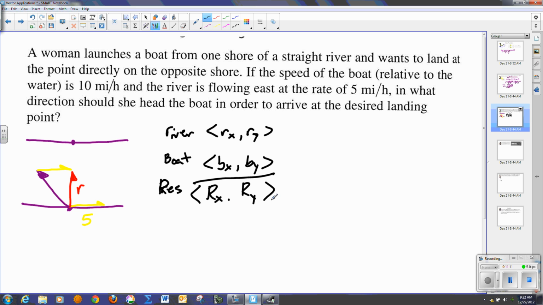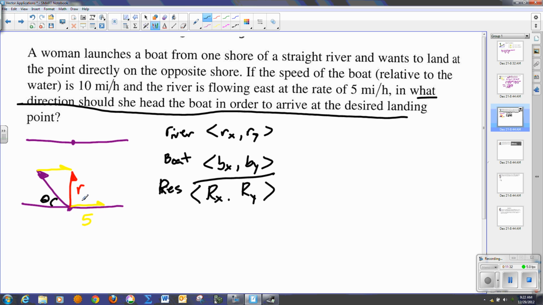Now, you'll notice that in the end of this problem, they're asking, what direction do I need to move at? All right. Well, direction implies, ooh, I need an angle. I need some theta value. Or I could use this theta value here.